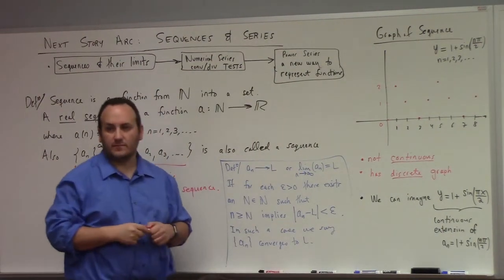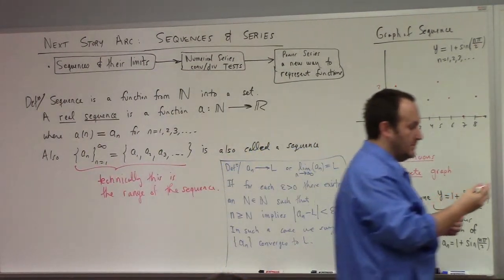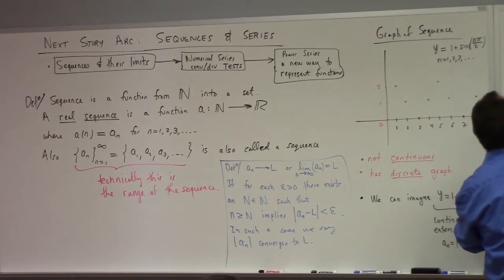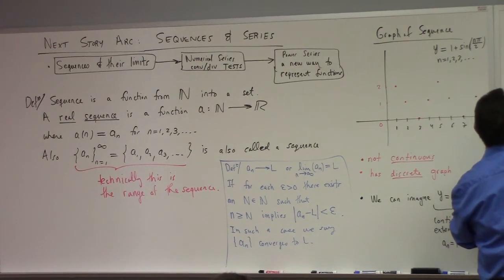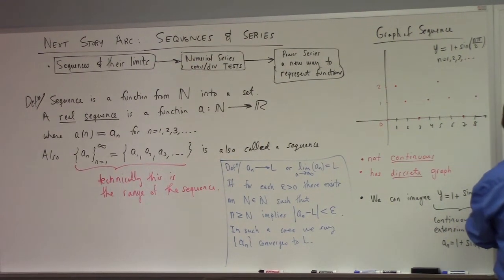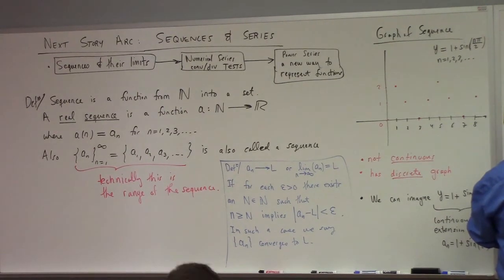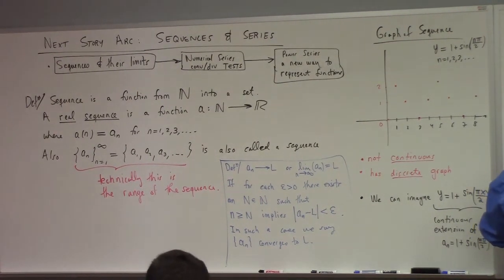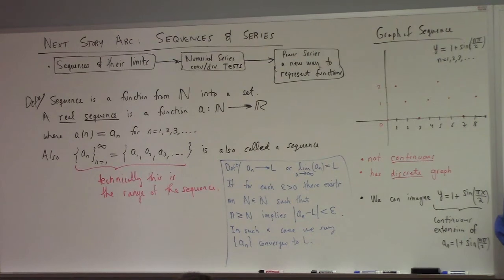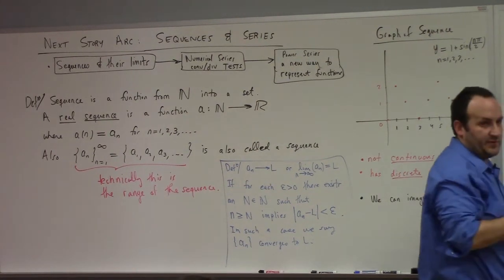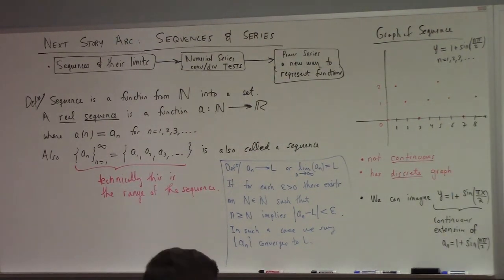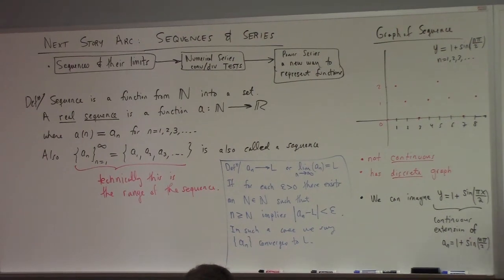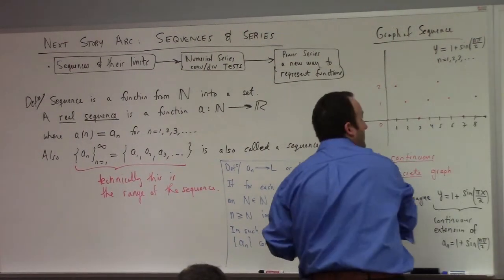You guys remember? How did we define the limit as x goes to infinity of f of x equals L? What would that mean, if L is a real number? What that meant, right?